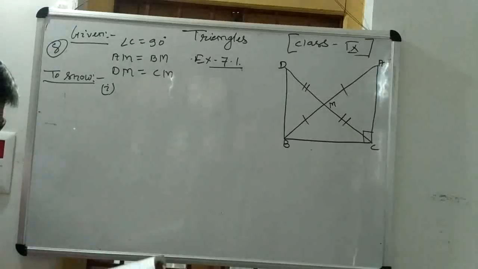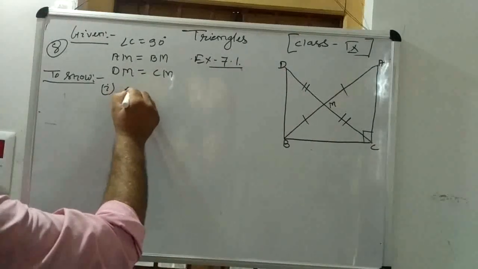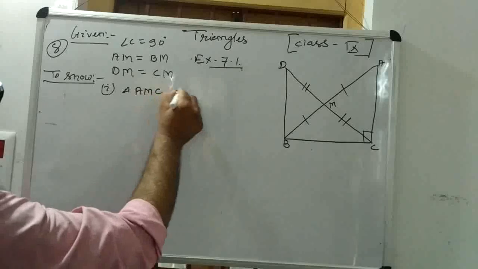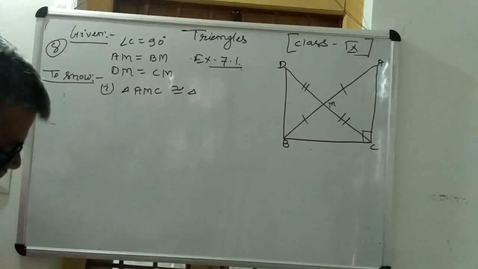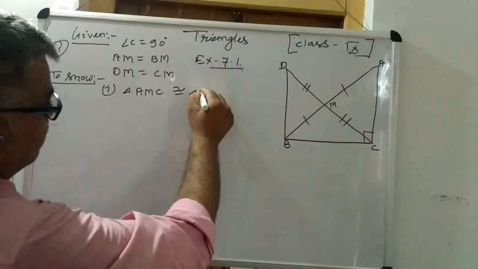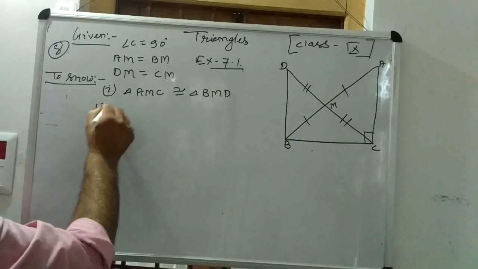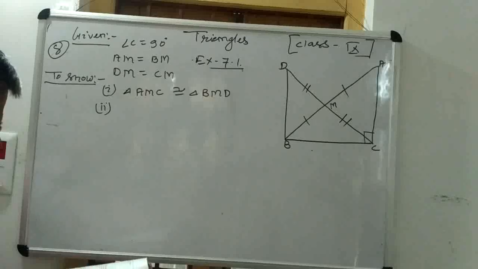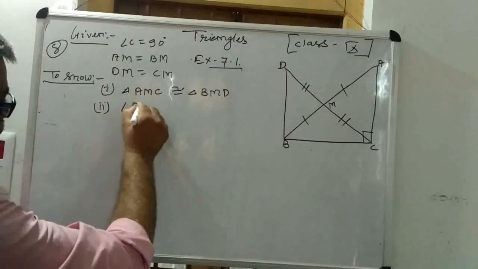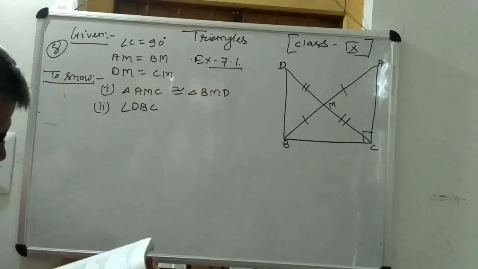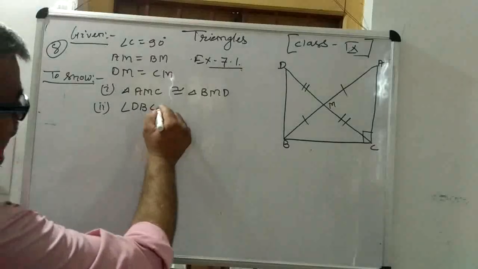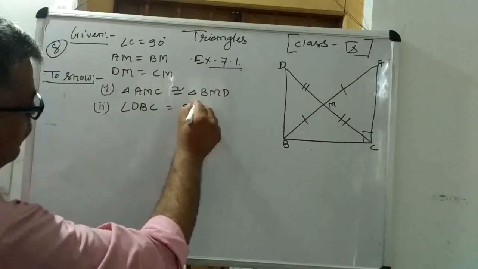Number 1 is triangle AMC congruent to triangle BMD. Number 2 is angle DBC is a right angle, that is angle DBC equals 90 degrees.